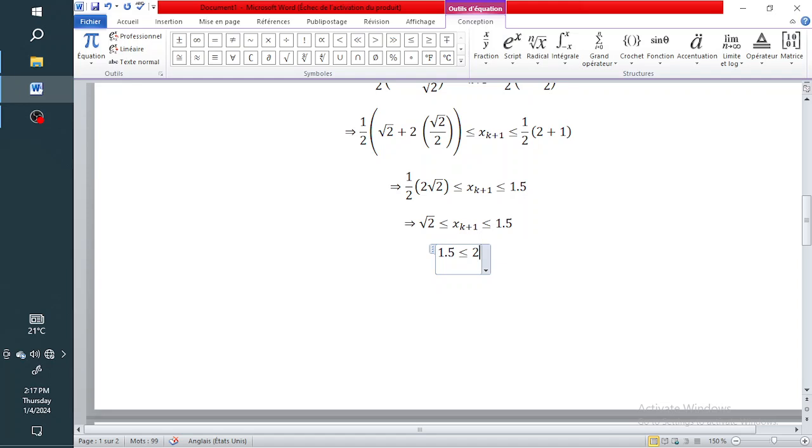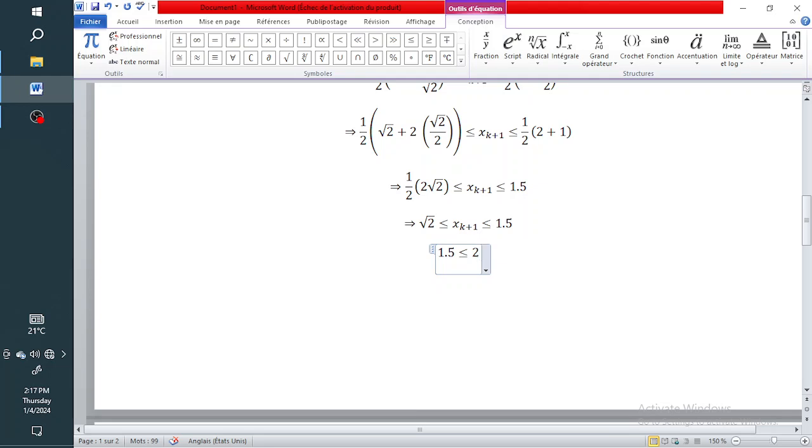But when we link the two together, taking 1.5 less than or equal to 2, the resulting statement is true, because the logical connective involved is the disjunction. For P or Q to be true, if we have at least one statement being true, then the result is true.